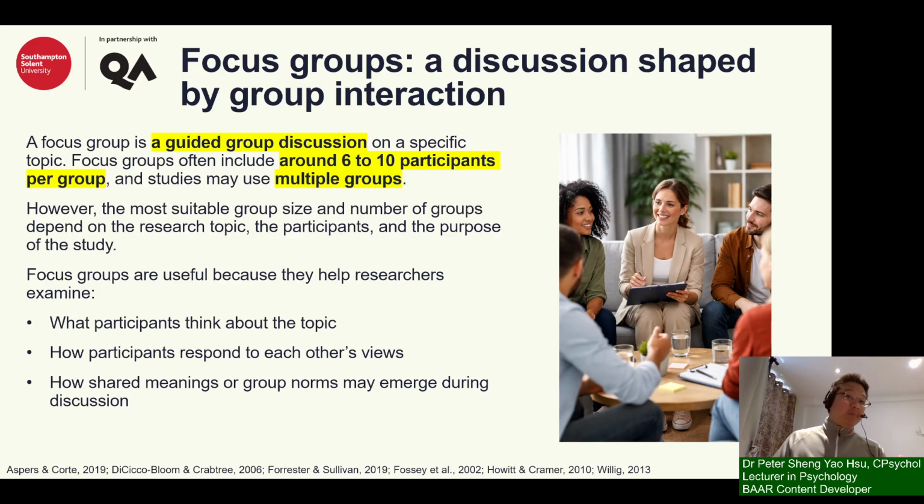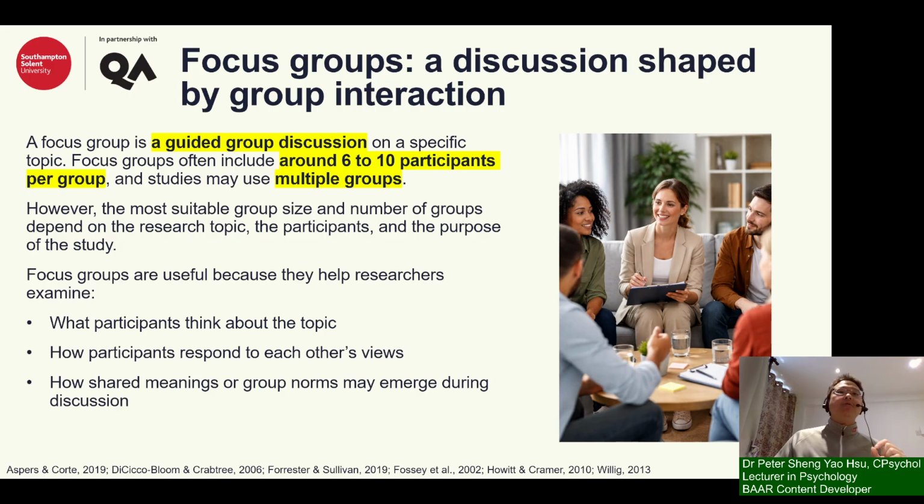A third participant might disagree slightly and say that recorded lectures are useful, but they sometimes make it harder to stay motivated because there is a lack of activities to help them rethink or digest the topic. This interaction can reveal not only individual experiences, but also shared challenges, different coping strategies, and possible tensions between flexibility and structure.